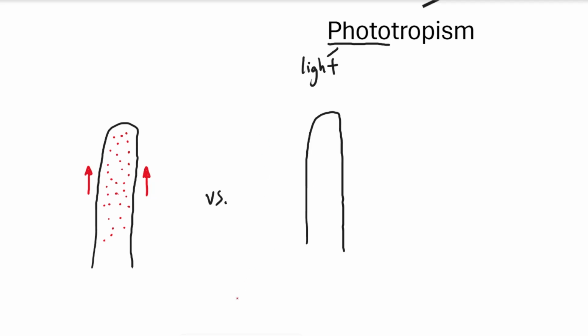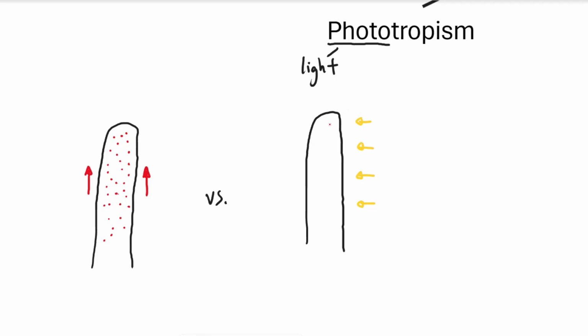Now, in the case where there is light shining towards the shoot from one particular direction, let's say the light is coming in from the right-hand side, and I use the yellow arrows to represent it, this is what we call unilateral light. So it's coming from one side. That's what uni means, okay? Remember we said that auxins really don't like the light.